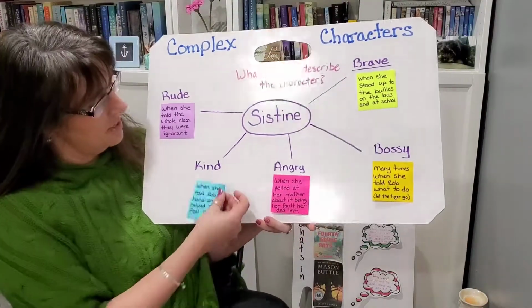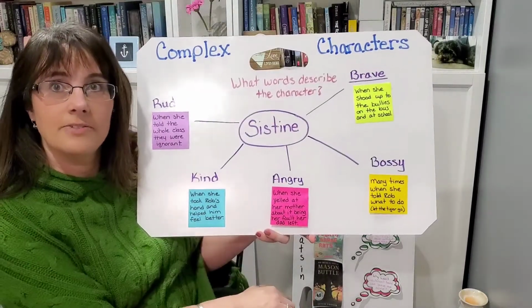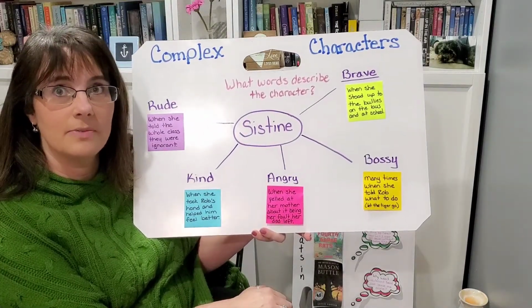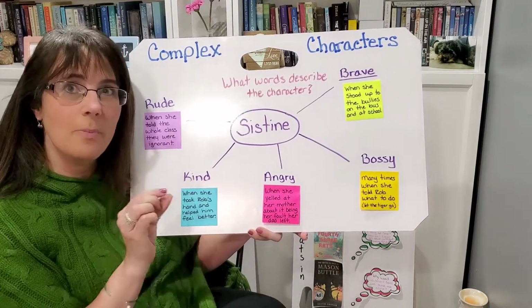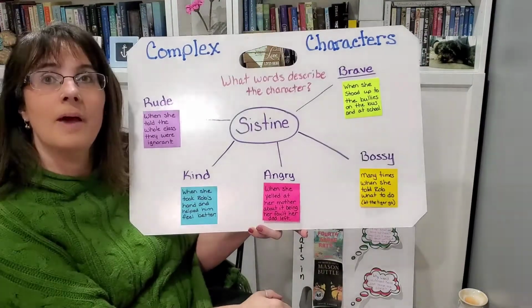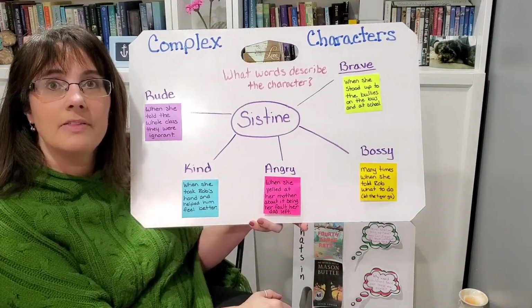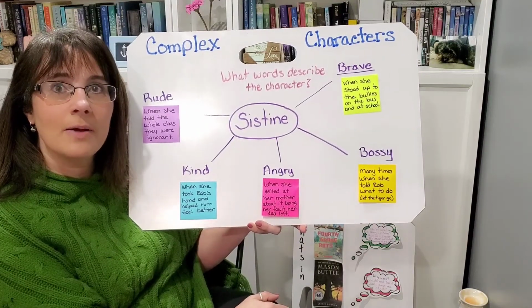And then the last one I put down was kind. This was a side we didn't see very often with her. She showed it subtly, like small pieces of it through the book. But I'm thinking about that time when they were walking back through the woods after they let the tiger go. And she reached out and she grabbed Rob's hand.